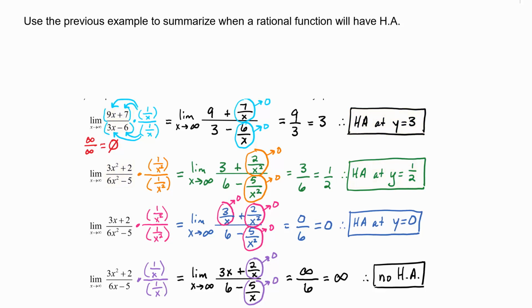It also worked out that if the degree of the numerator was less than the degree of the denominator, we also got a horizontal asymptote at 0. But if the degree of the numerator was greater than the degree of the denominator, then we did not get a horizontal asymptote.